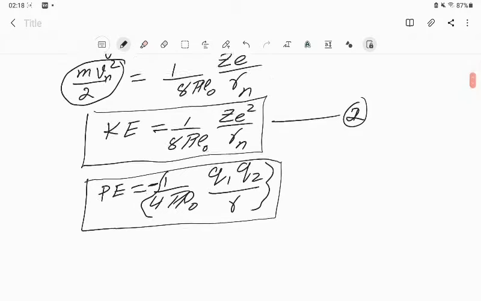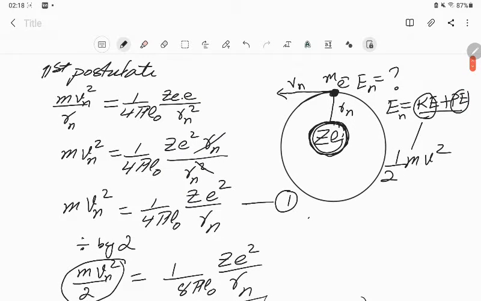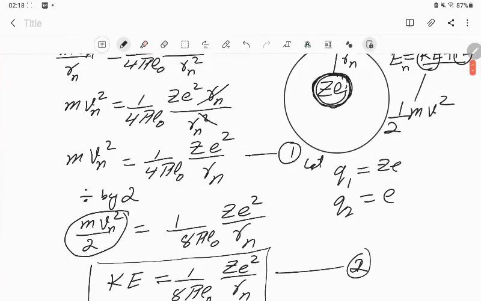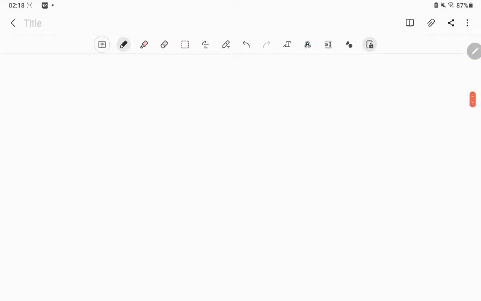So now here what is Q1? Let Q1 be Ze and Q2 be e. You can take any one; you can make Q1 equal to e or Q2 equal to Ze also.